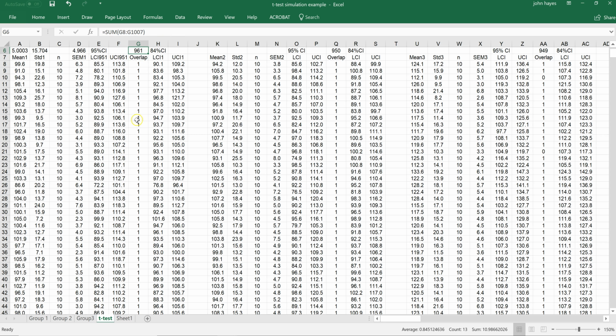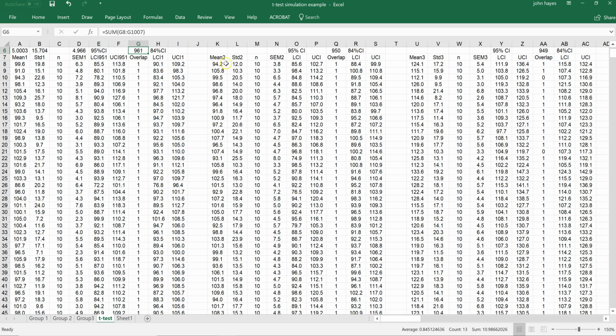Now I added up all these ones and I got 961. If this was a perfect world, I would have expected 950, because that's 95% of 1,000. So the confidence interval actually covered a few more than I would have expected.